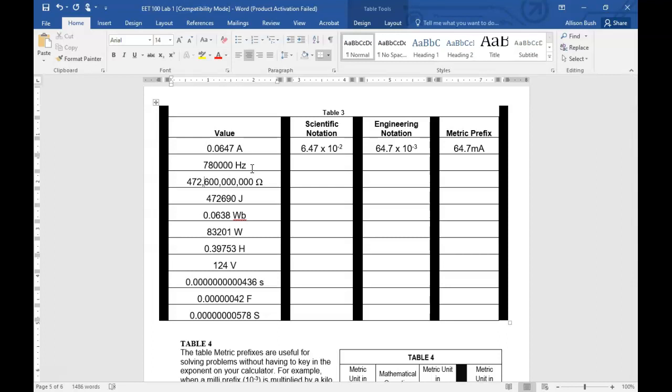And I do recommend to visually break it every time, just because it's less headaches. Okay? I figured out how to do it, and I just always do it because it's less stress and headaches at the end of the day. So what should my scientific notation for this be?